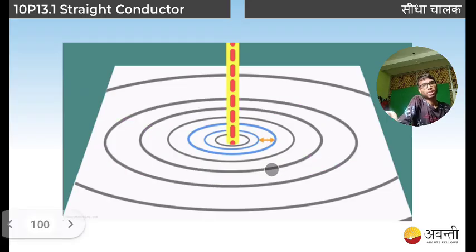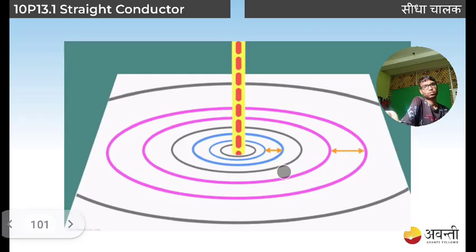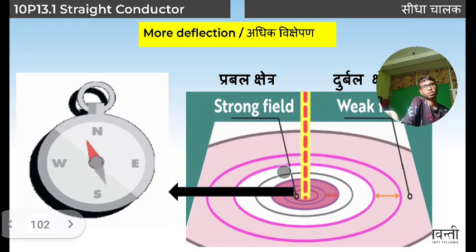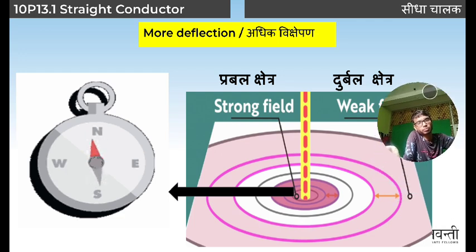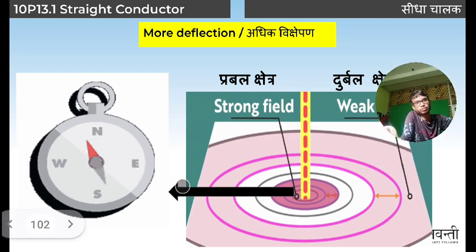In this case you can see gradually the radius is becoming larger. So where is the strong field? Here at the center, and outside it would be a weak field. At the center is a strong field.